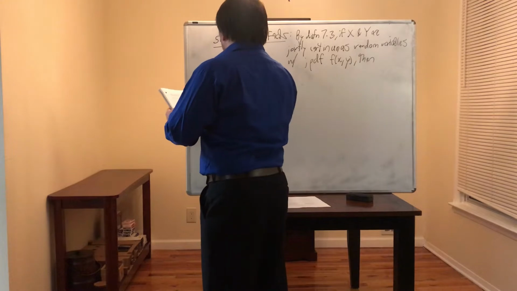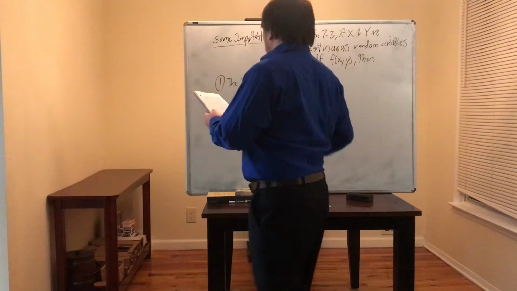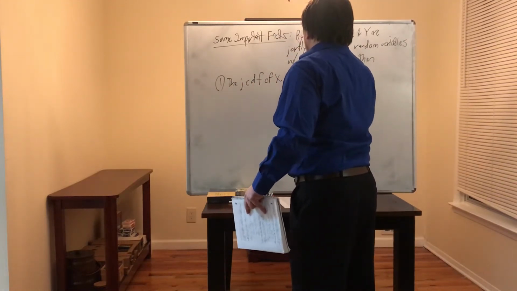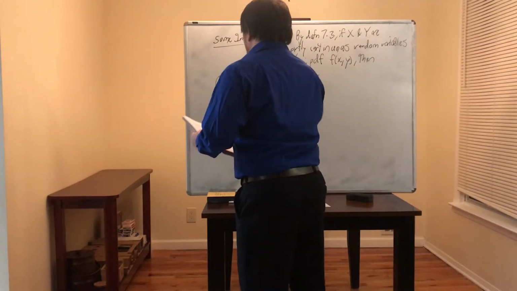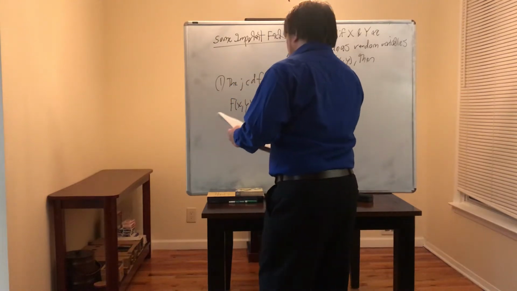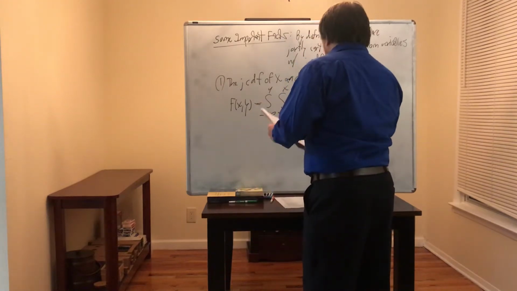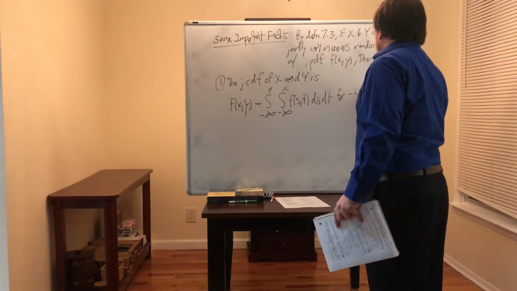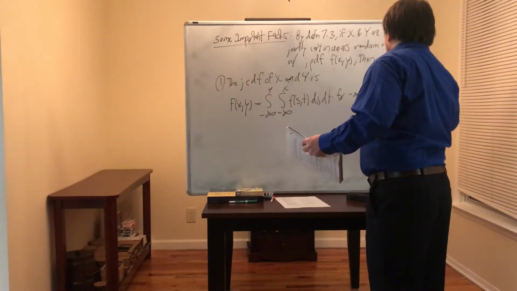One, the JCDF, the joint cumulative distribution function of X and Y, is capital F of x comma y, which equals the integral from negative infinity to y and the integral from negative infinity to x of f of s comma t ds dt, for negative infinity less than x less than infinity and negative infinity less than y less than infinity.